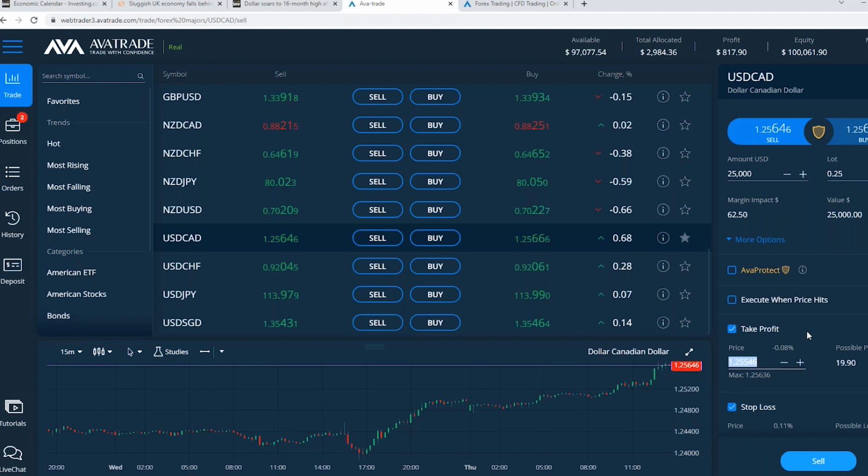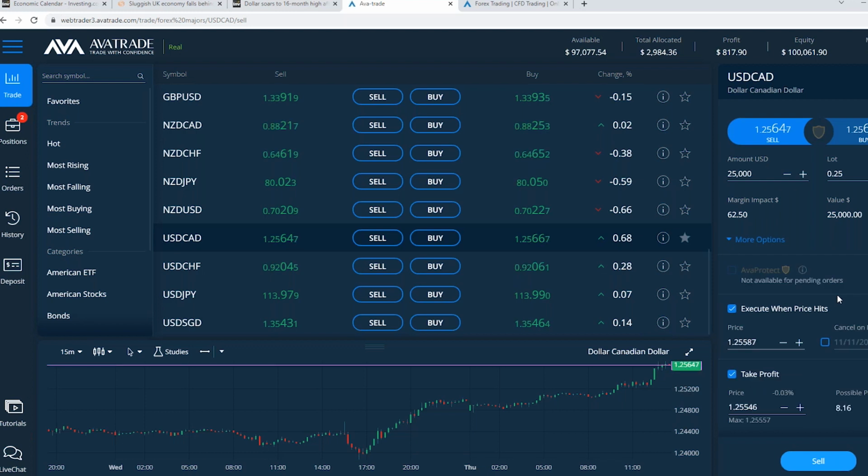And so I look at the current price and say, okay, I would like my stop loss, let's put stop loss 10 pips or 15 pips, maybe the other direction. So 1.2561. Okay, so stop loss is up.